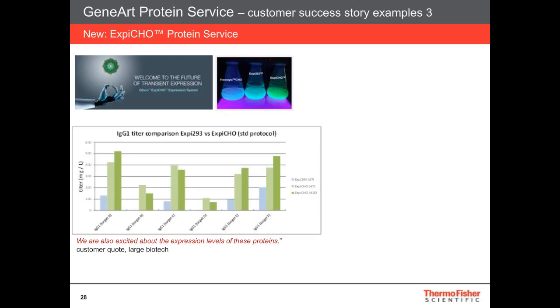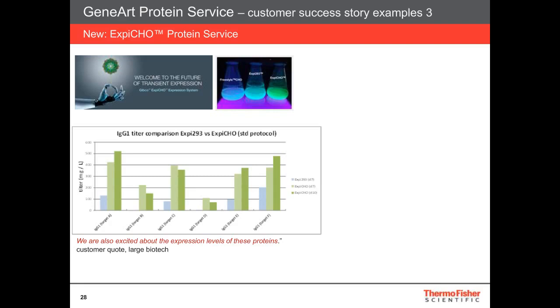So, a customer success story is displayed here on this slide. Customer had, again, a panel of antibodies which he almost could not produce in-house, so very poor performers when he produced them in-house. And he wanted us to deliver him a decent amount of protein.